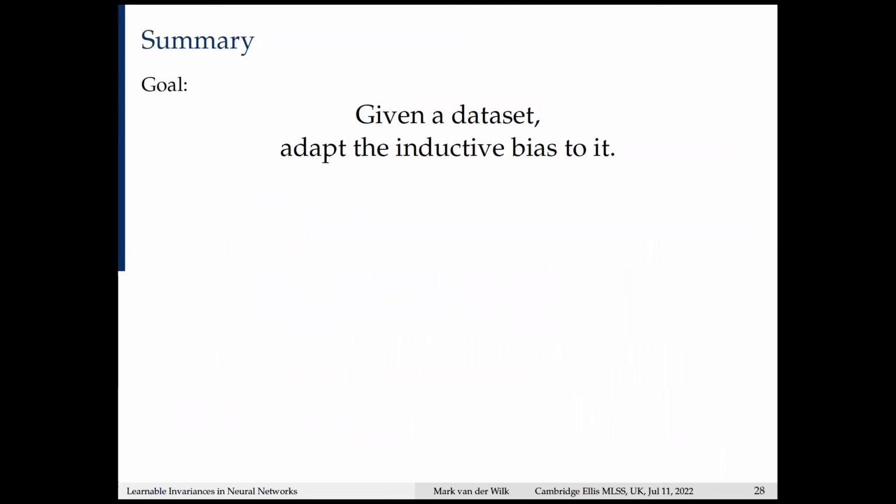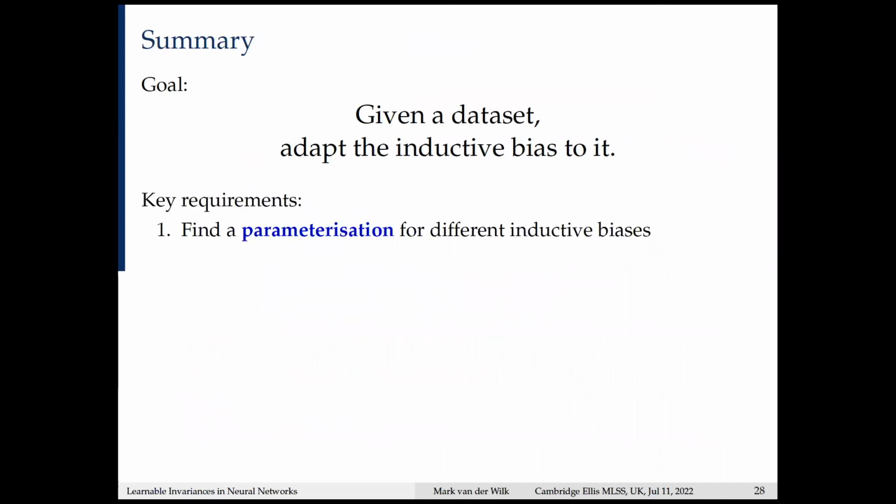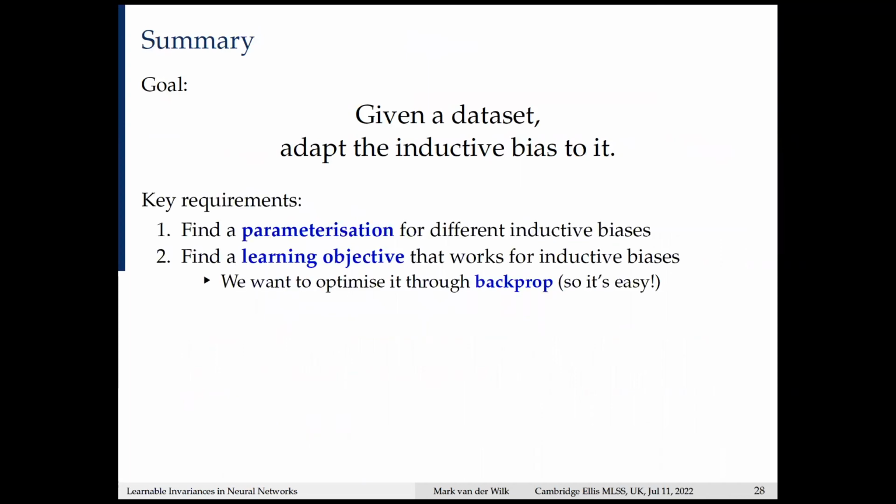Right, so to summarize again, our goal was to find an inductive bias that was right for a particular data set. We saw how to parameterize different inductive biases, and we saw how to find a learning objective for these inductive biases. Particularly, we saw that it was optimizable through backprop, which made it easy.